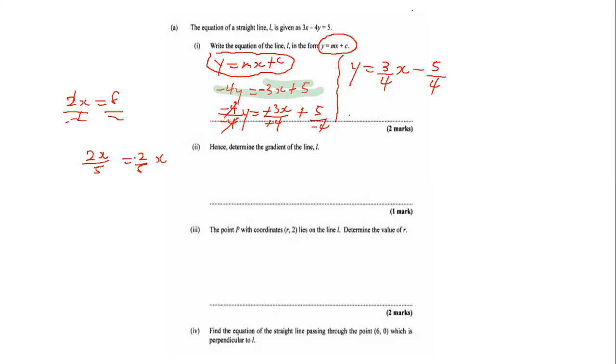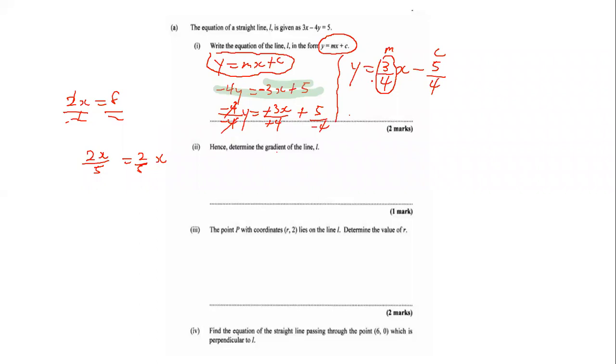Am I right? Because I want to get the m by itself. I want to separate this one alone, and this one alone used to be your c. Because the next question, they asked me to find a gradient and I have to separate it the same way. Have I answered your question?